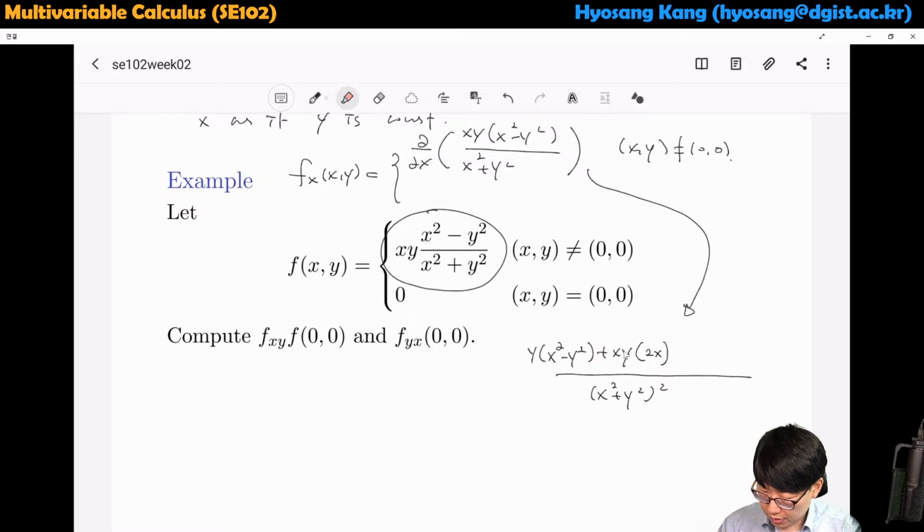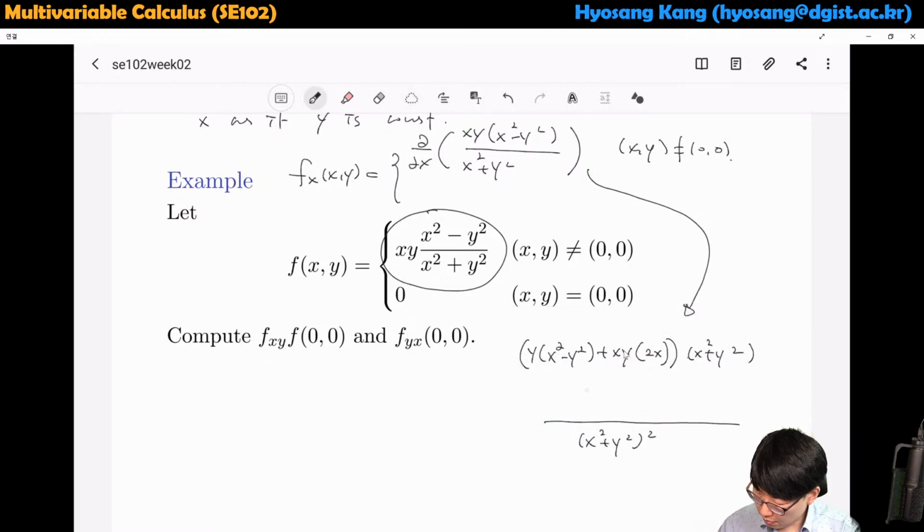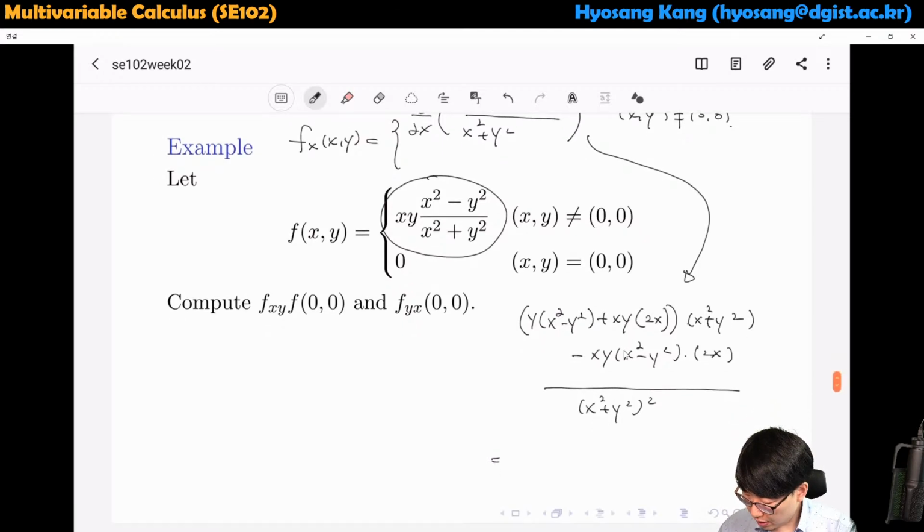So we get this one as the derivative of the numerator times (x squared plus y squared), and minus xy(x squared minus y squared) times the derivative of the denominator, which becomes 2x.